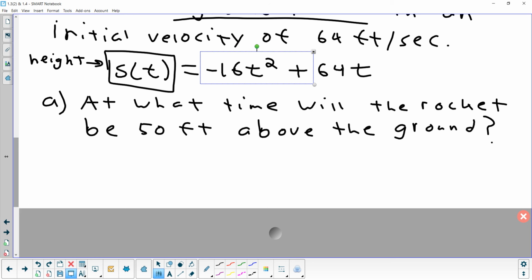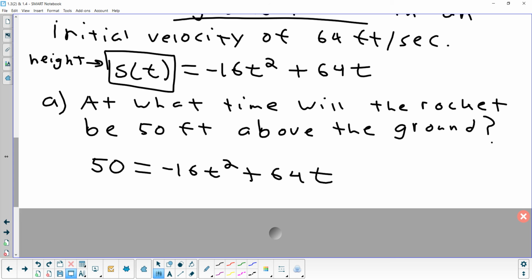Yep, Sarah? S of t. Yeah, S of t. They're giving me a height. They're saying, when is the height 50? We're going to set that equal to negative 16 t squared plus 64t. That's kind of like the area of my sidewalk. That's the number that's on the other side.